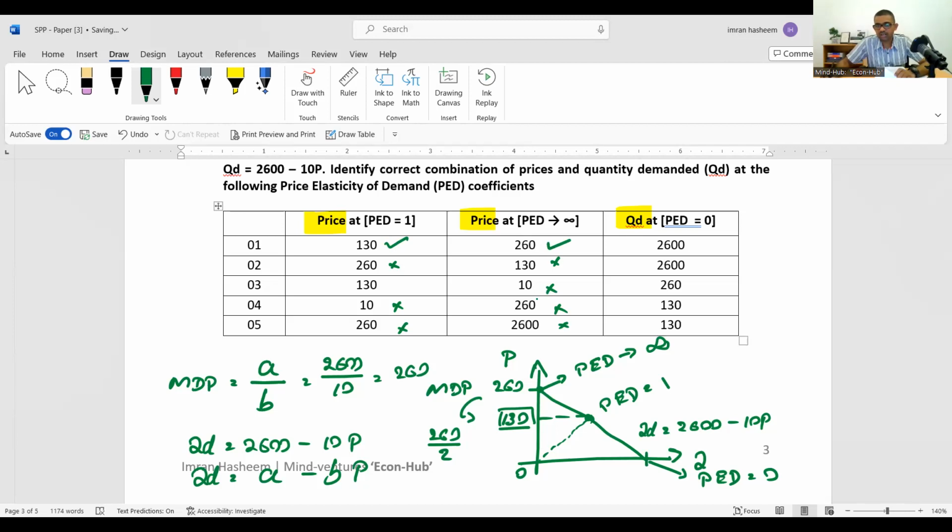Because when PED is 0, we don't need to do any calculations. The A component of the equation, 2600. Correct answer number 1. Any confusions? Are we okay? How many of you got the correct answer for this question?